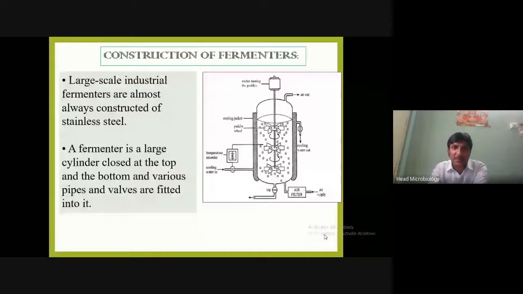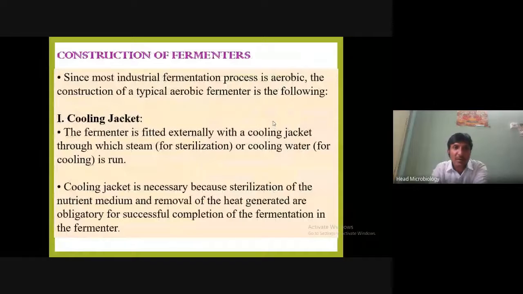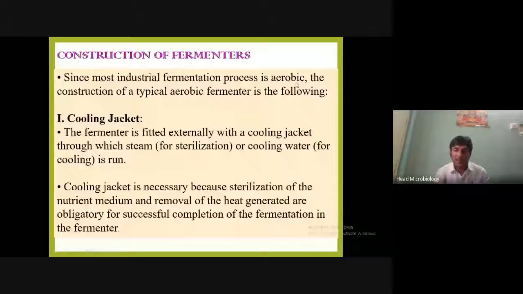They fit them according to the sizes and construction of the fermenter, and all those things should be followed. Since most industrial fermentation processes are aerobic, the construction of a typical aerobic fermenter is as follows. What things do we need to design a fermenter?